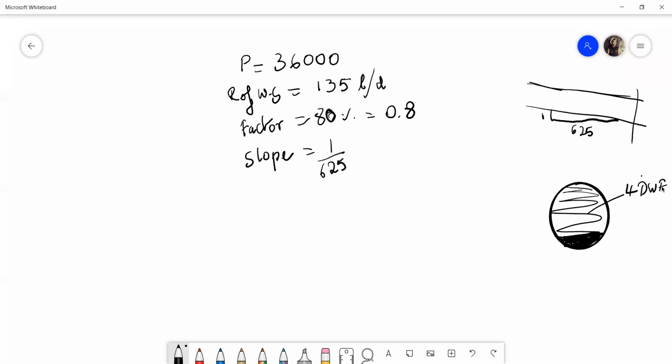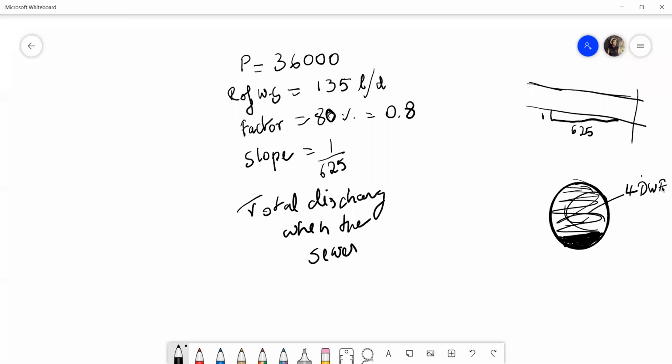So the total discharge when the sewer is running full is equal to 4 times DWF, that is dry weather flow.